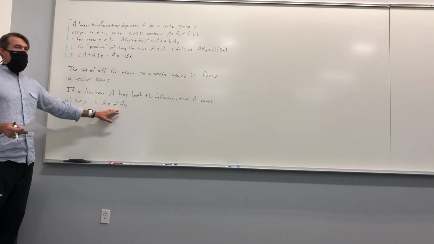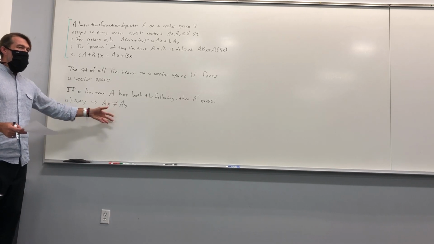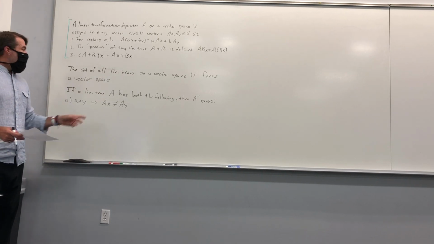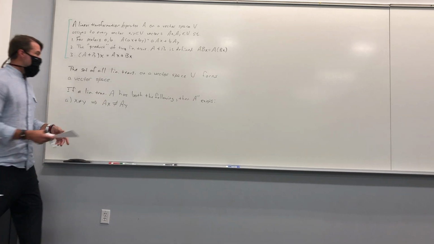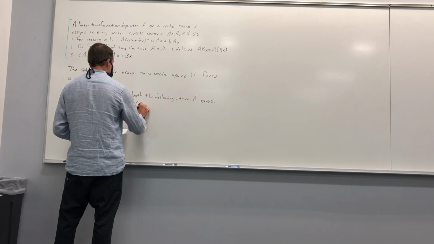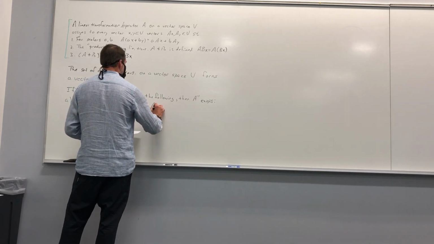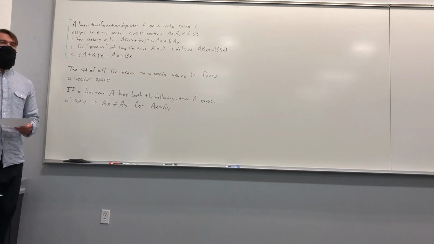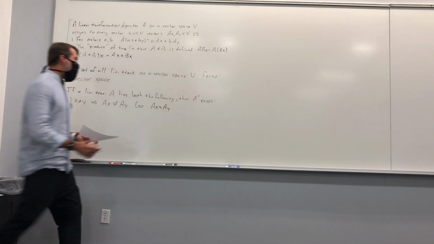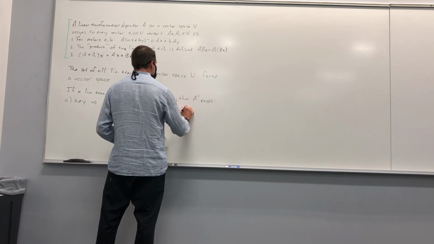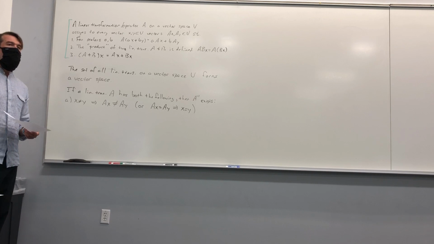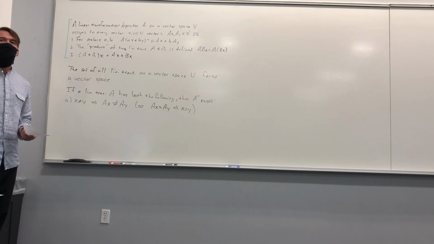If this is true, then that's at least part of the conditions that have to be satisfied for A to have an inverse. There's another way that we can say this, which is: if the linear transformation of vector x equals the linear transformation of vector y, then this means that the vectors are the same. Those basically both say the same thing.